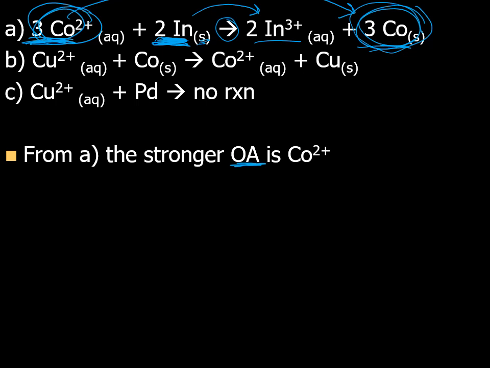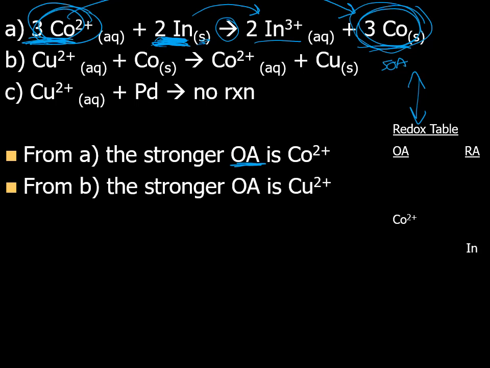So when we start ranking these things, we'll make a list, and we want the strong oxidizing agent to be at the top. Cobalt is going to be higher than indium, which will be lower. So we can start building these lists and think of this as a partial redox table, a listing of half reactions written as reductions. And we can see that between cobalt and indium, cobalt's going to be above indium.